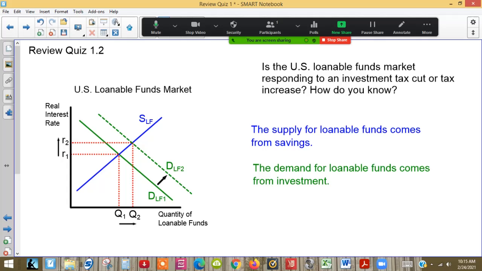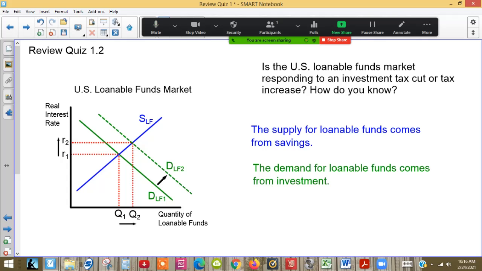If we use the roof example, maybe there's a tax incentive. Maybe I'll get a break on my property tax if I have a new roof, right? So I want to pay less property tax if I invest in home improvements. So that's going to increase the demand for loanable funds.